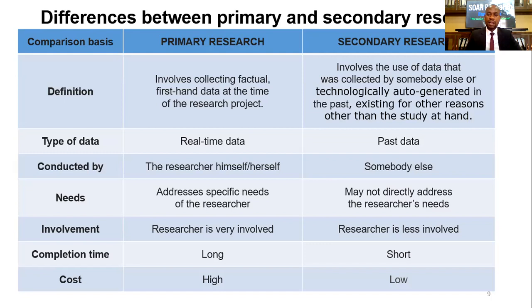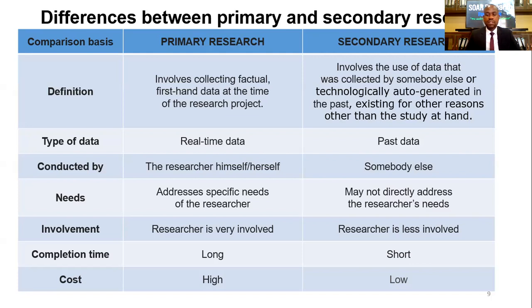And the needs. Secondary data may not directly address the needs of the researcher. At times you have a question, but the data you have may not really answer your real need. But maybe it can contribute to your understanding of what you want to investigate. But with primary data, you have freedom because you can go out and ask the real questions that you want answered and collect the data that you really need.